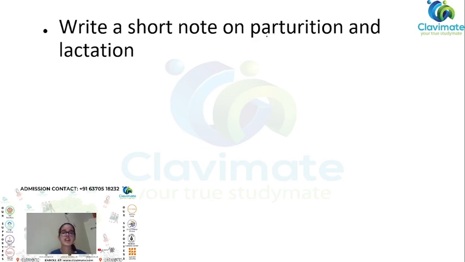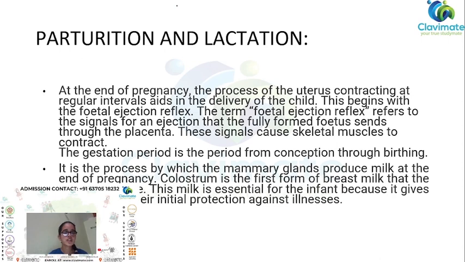So finally, write a short note on parturition and lactation. First, parturition. At the end of pregnancy, the process of the uterus contracting at regular intervals aids in delivery of the baby. This begins with a fetal ejection reflex.